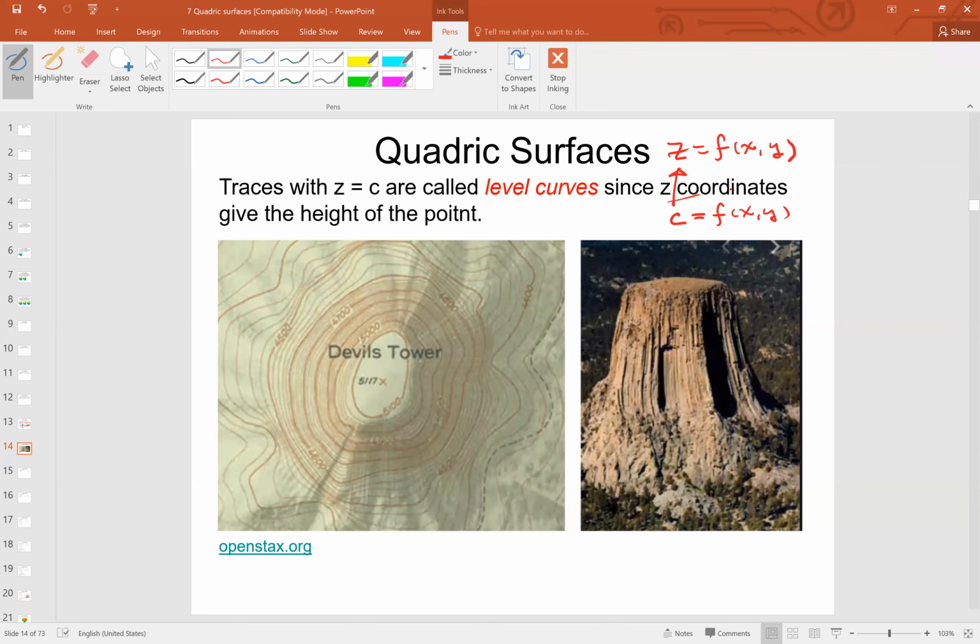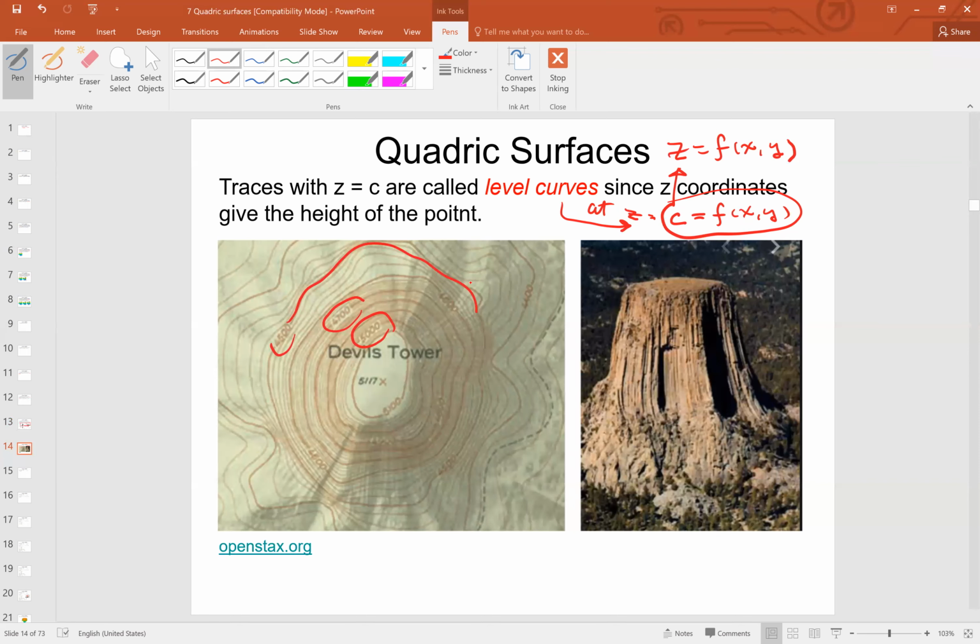Then I can graph that equation, and what I produce is the level curve at z equal to c. Here is a picture of the level curves of the Devil's Tower, which I pulled up from the internet. Here's the 5,000, 4,700. Indeed, everywhere around this curve is the 4,700 foot level.